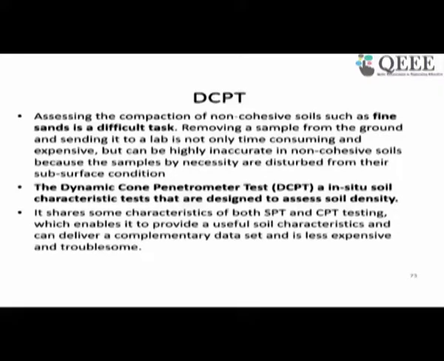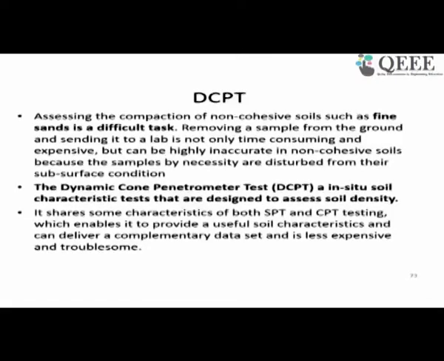Specifically, the soil density can be measured accurately in such a situation. It shares some characteristics of both SPT and CPT, so it is basically in between the SPT and CPT. In SPT you are sequentially driving a sampler at different depths, not continuously.